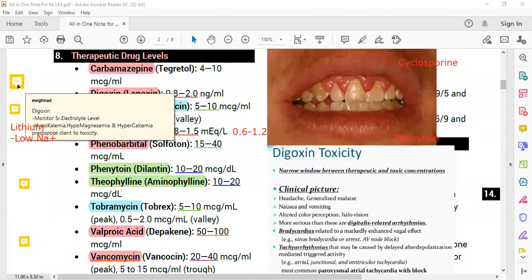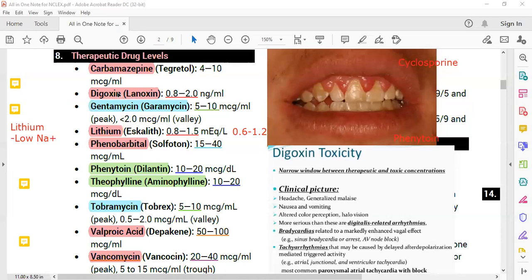If your patient needs digoxin, we have to monitor serum electrolyte levels, because hypokalemia, hypomagnesemia, and hypercalcemia precipitate digoxin toxicity.